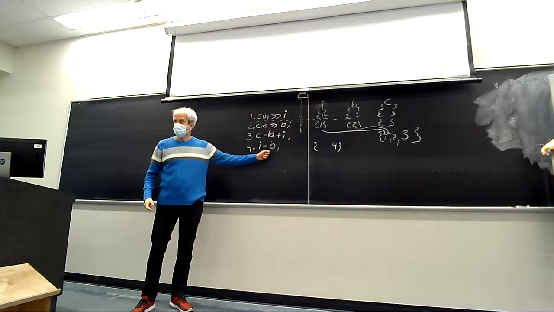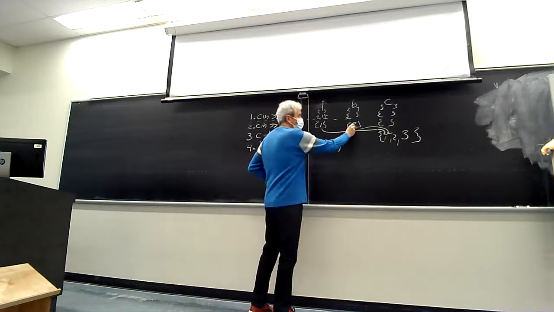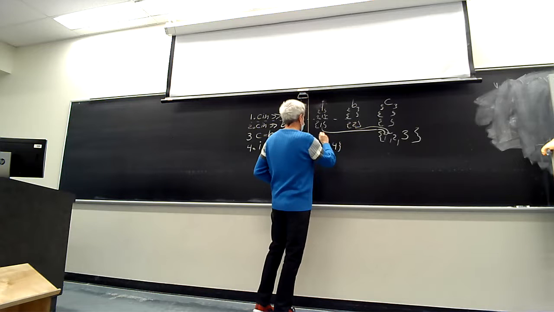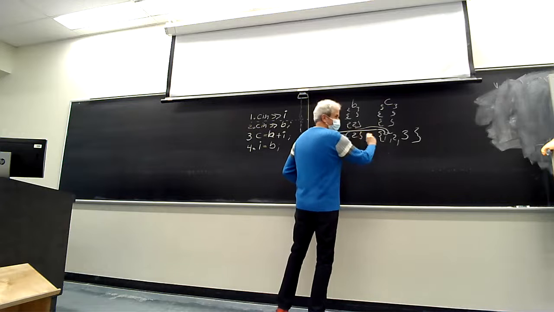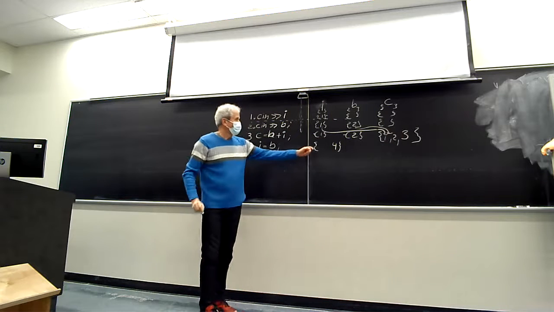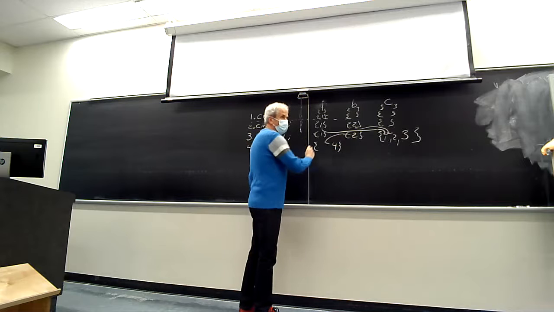What is used? B. So what we do is we look at the current slice of B. So they are the same level. So what we do is B is used. So now we move actually B in here, right?